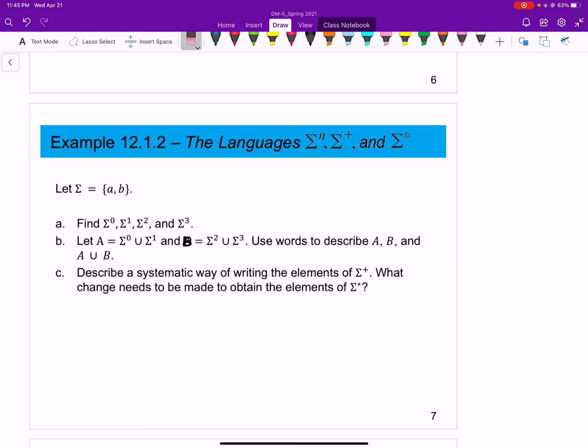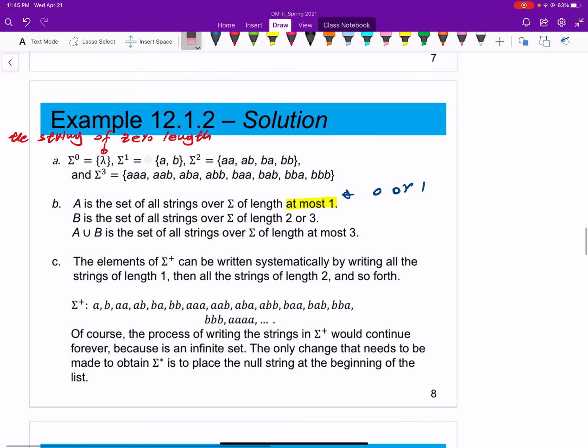And then B is like this. B consists of strings of length 2 and 3. And then you have to write A union B in your words. A union B means union of the first case and the second case.